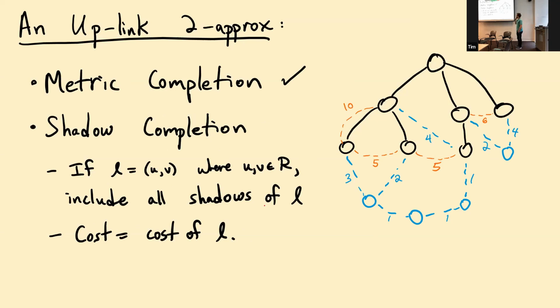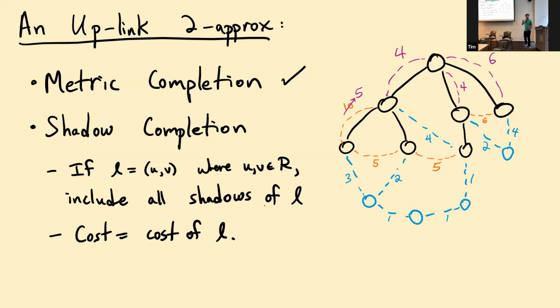Another completion operation you can do is called shadow completion, where if a link in the graph exists between two terminals, I'm also going to assume that all shadows of that link are also present. What do I mean by a shadow?